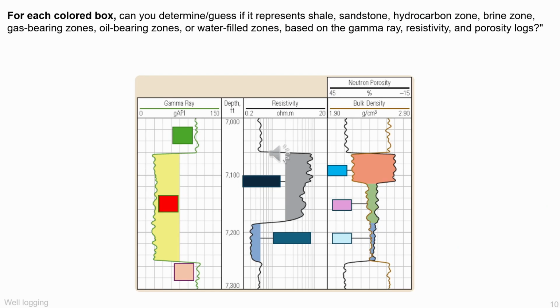This is a very good interpretation exercise for beginners. The slide asks you whether the colored boxes correspond to shale, sandstone, hydrocarbon zone, brine zone, gas-bearing zone, oil-bearing zone, or water-filled zone, based on gamma ray, resistivity, and porosity logs.